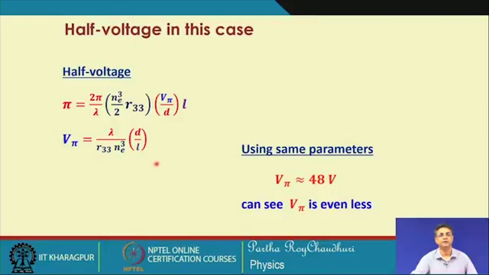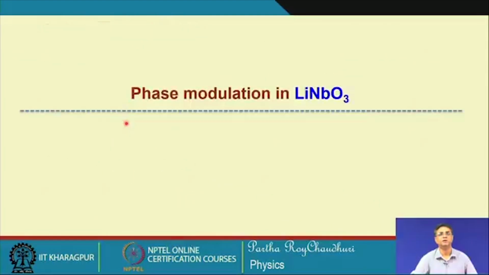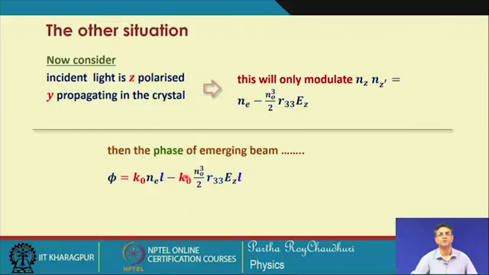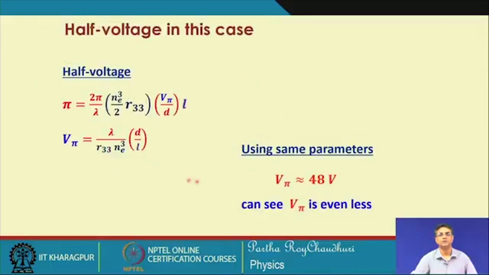So, V pi comes down to this expression, and if I use the earlier numbers for this case, you can show that the half-wave voltage required is even less, that is V pi is about 48 volt, which is very useful for utilizing this as a modulator for phase modulation.